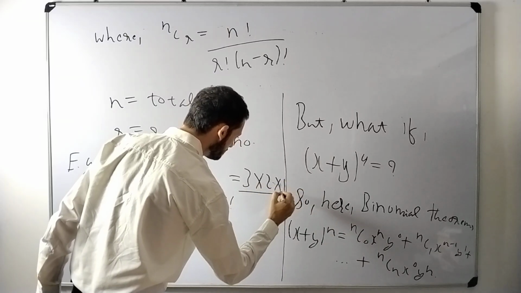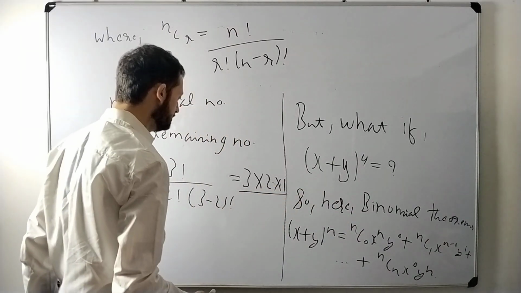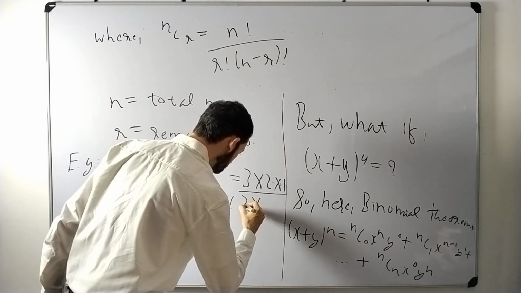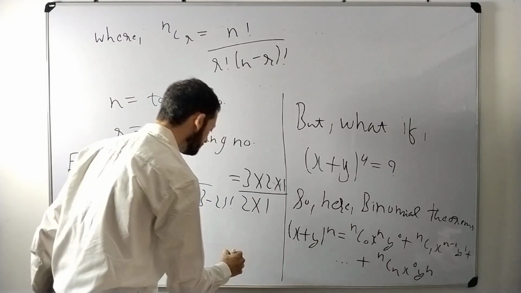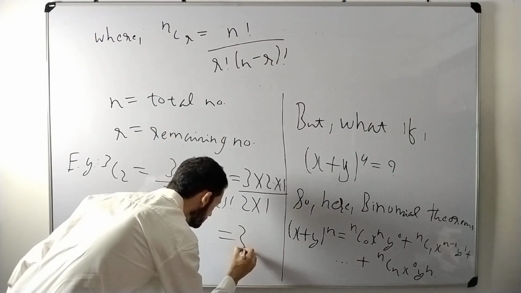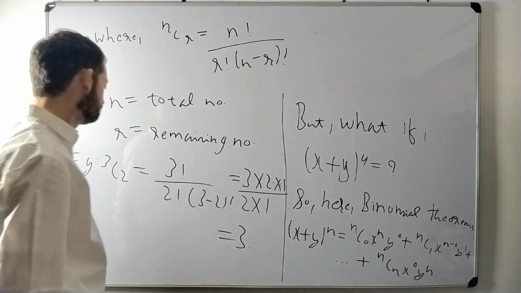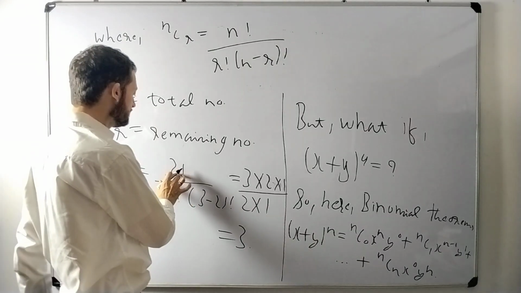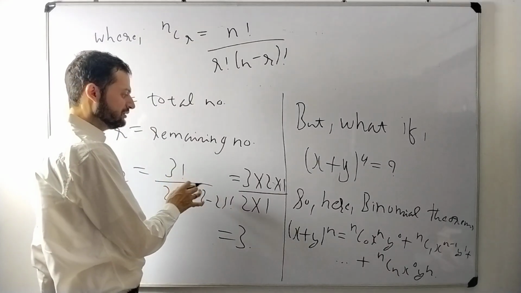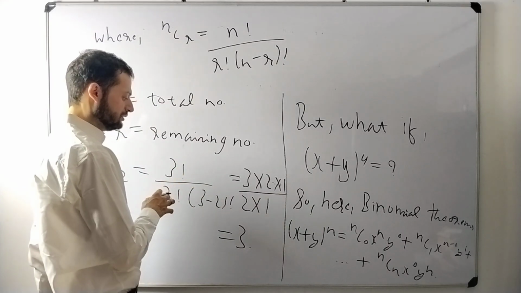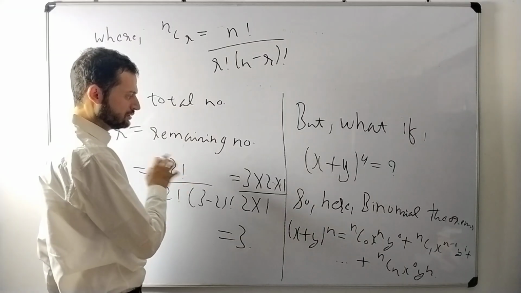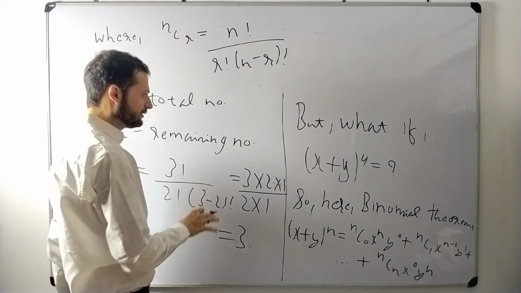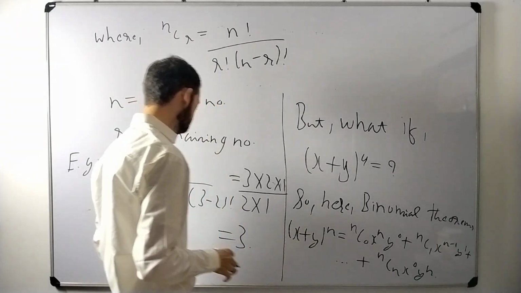So you stop at 1 in every number. Then 2 into 1, and the answer becomes 3. So till 0 we will take, and 0 factorial is also 1.